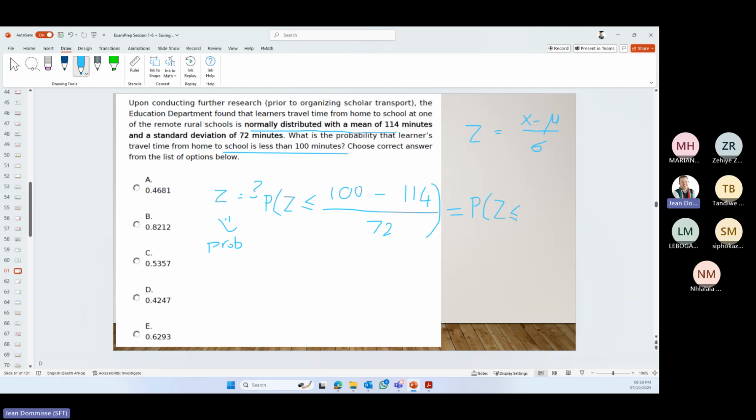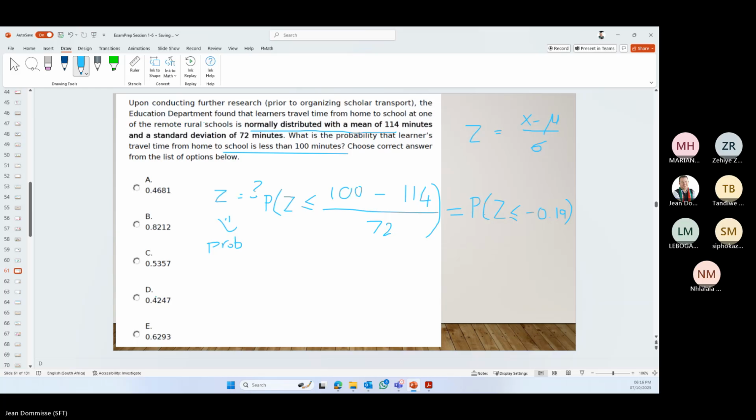So let's again look at this. 100 minus 114 gives us a negative number. So it's minus 14 divided by 72. Oh, gives us a weird number. Minus 0.19.